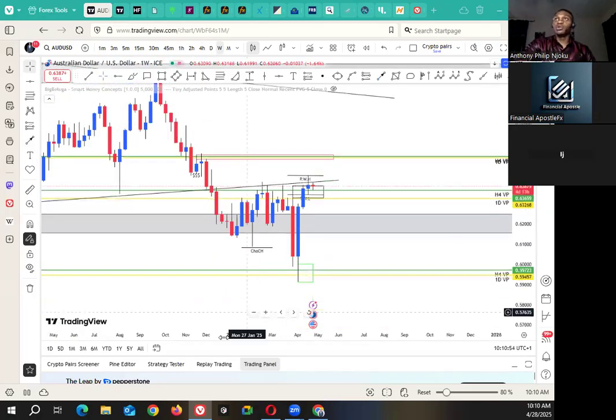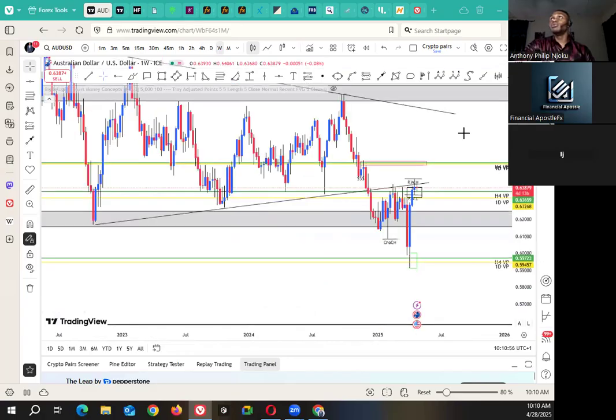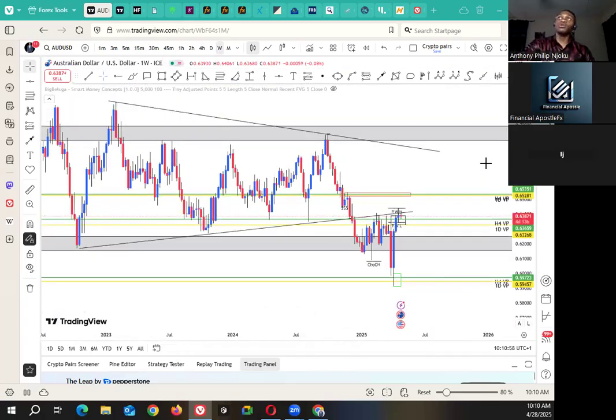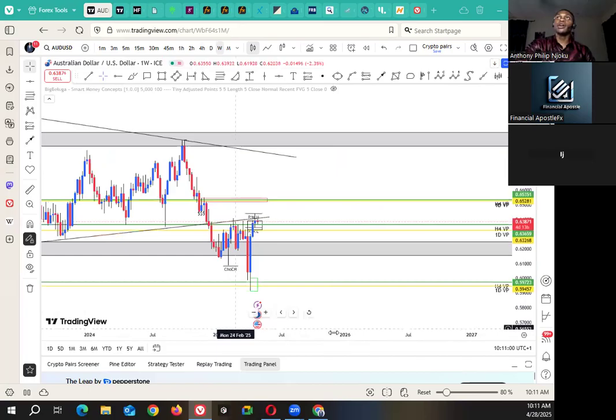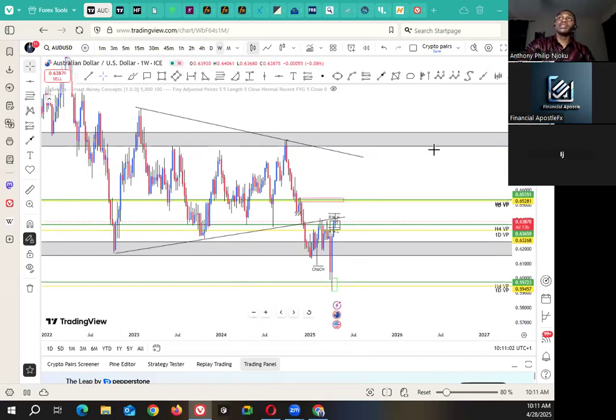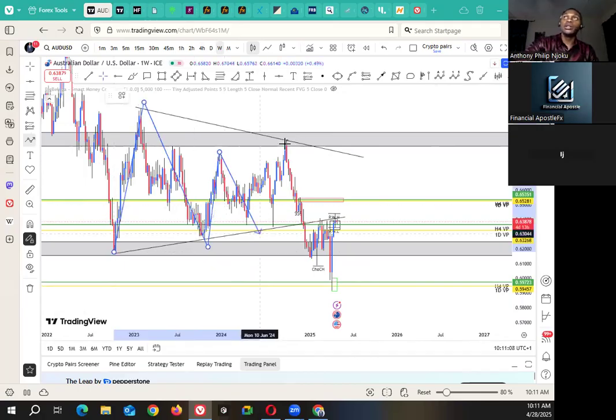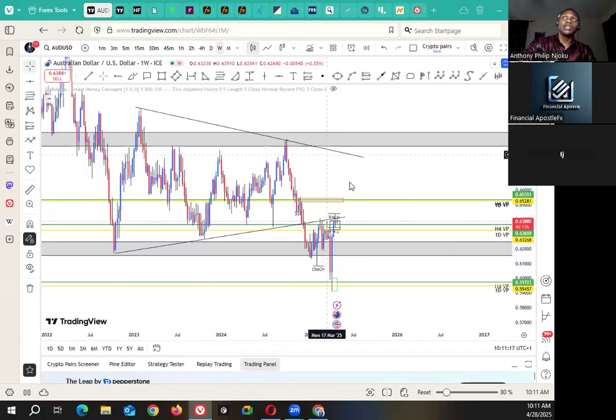So with that in mind, what's the big picture on the weekly time frame? Weekly time frames are meant for chart patterns. If you look at the chart pattern on the weekly time frame, it's more like a descending wedge that broke. And from here, you can still expect what? A massive drop for AUD USD on the weekly time frame.